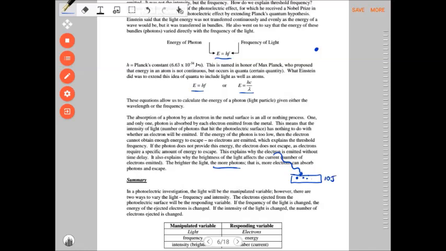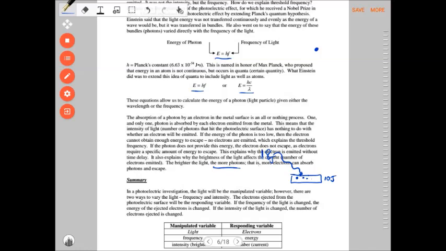If the photon coming in only has 8 joules of energy, and the metal's holding on to the electrons with 10 joules, this incoming photon doesn't have enough energy to free the electrons. So the photon just goes on its merry way, doesn't do anything.